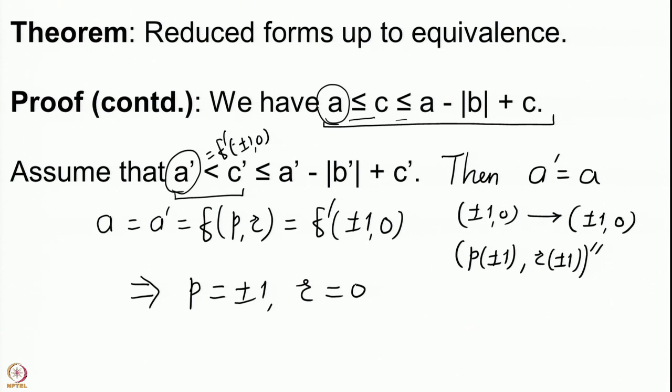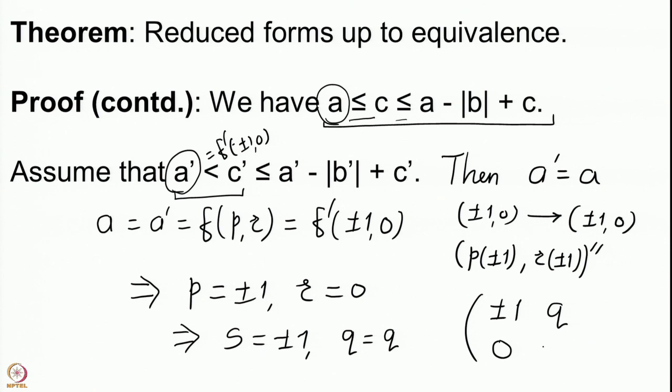But we also have that the determinant of p, q, r, s has to be 1. So, if p is plus minus 1, then s has to be plus minus 1. And let us say that at the moment q is equal to q. So, we have that our matrix looks like (plus minus 1, q; 0, plus minus 1).